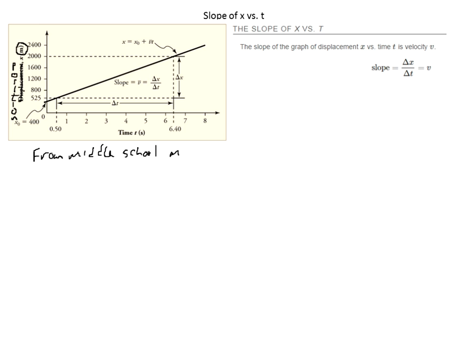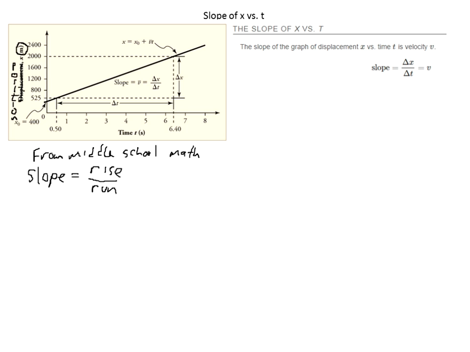So from middle school math, and some of you may have learned this in elementary school, it's typically taught in the middle school, but you might remember slope, just this general rule, equals rise over run.